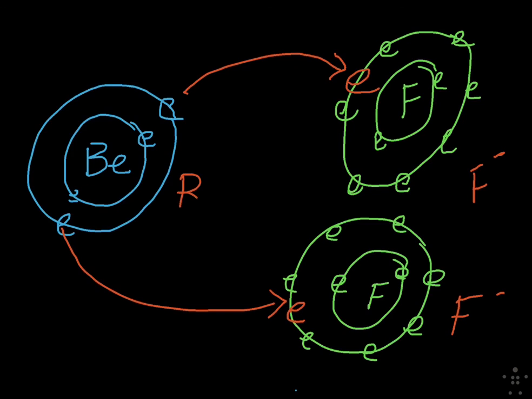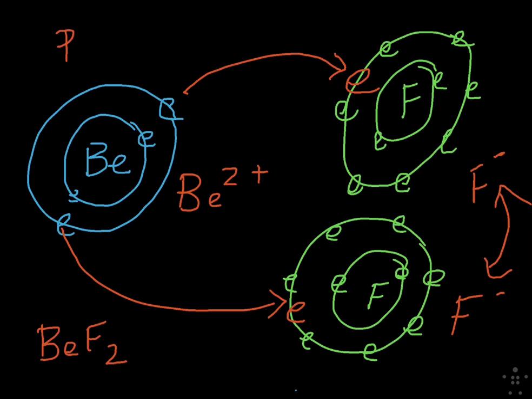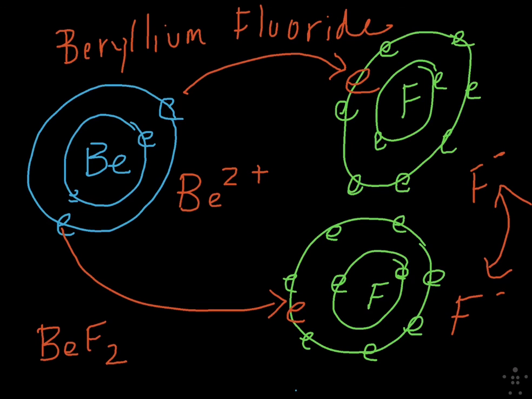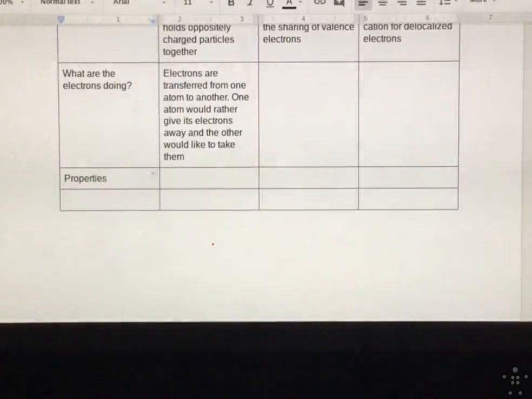Our beryllium has a 2+ charge, and you see how beryllium balances this out, a 2+, and then we have 2 minuses here. So the compound this time is BeF2, or beryllium fluoride. Okay? So our next question is, what sort of properties do these compounds have?